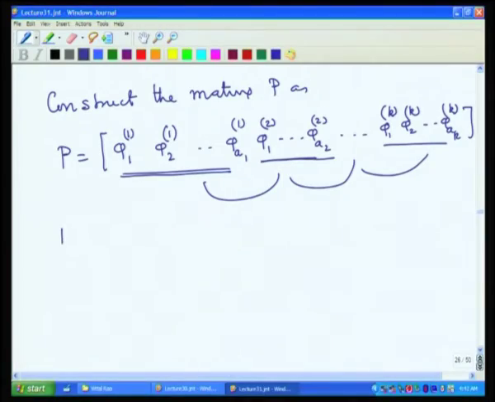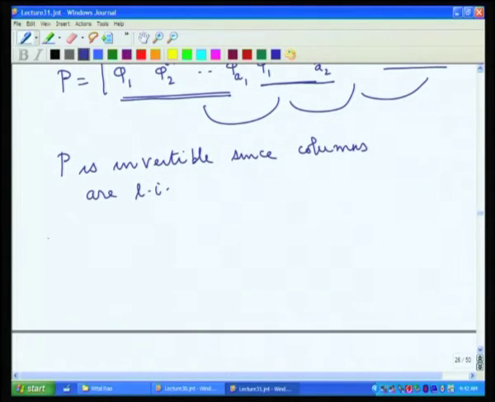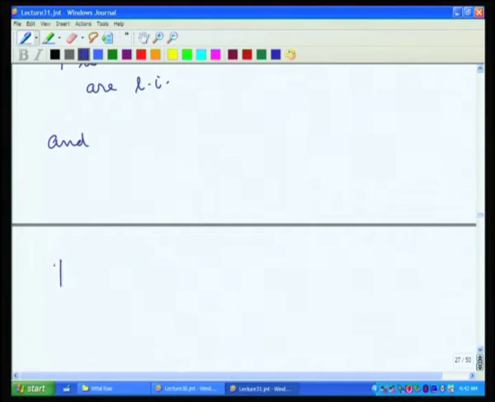Then since all the columns are linearly independent, P is invertible, and when we write P inverse A P, we get a diagonal matrix.